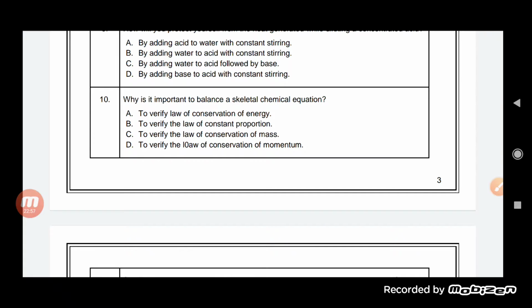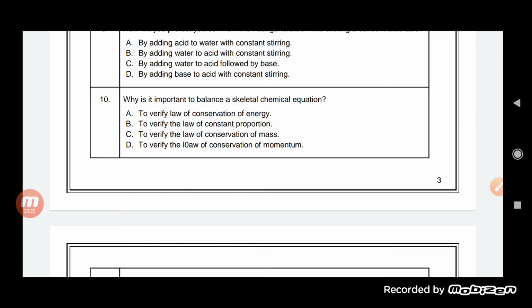We know that the law of conservation of mass says that the mass of the reactants is equal to the mass of the products, and this will be correct only when both the reactants and the products are equal. If the reactants are not equal to the products, the law of conservation of mass will not be verified.